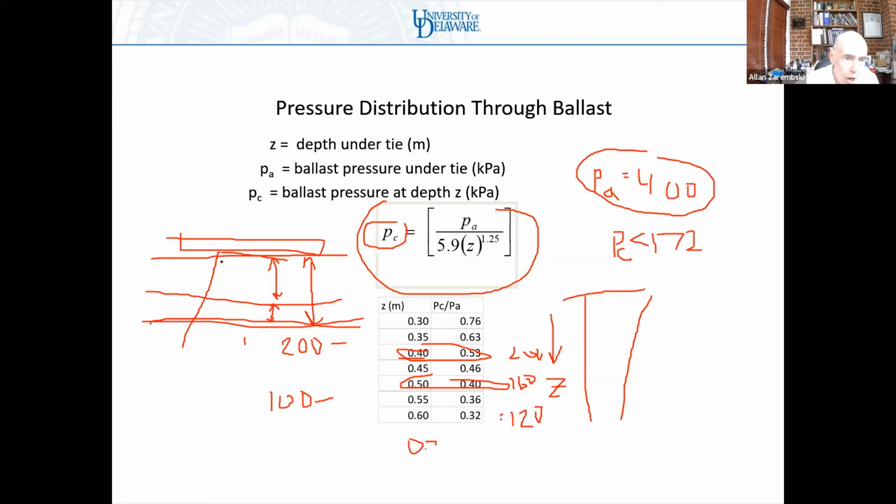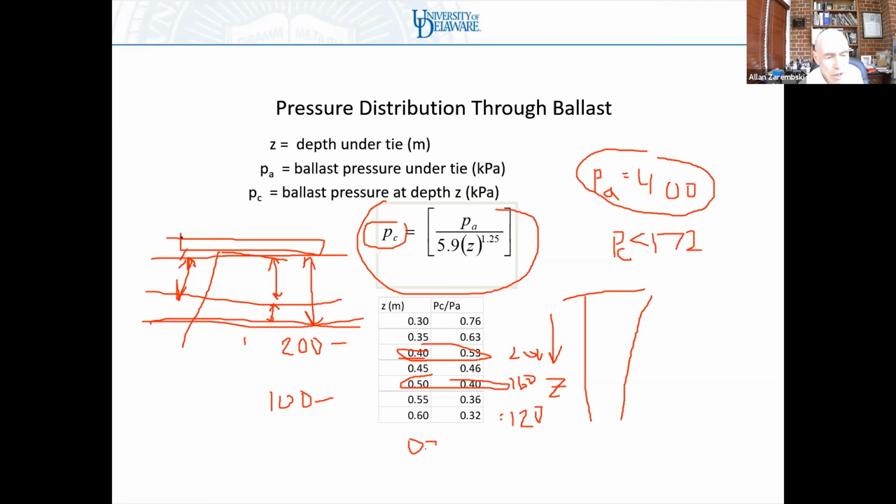Basically, underneath the sleeper, I have my ballast, which is usually a very high quality, high strength granular material, which also tends to be very expensive. For example, in the United States, we use a lot of granite, and granite is not found everywhere in the country.